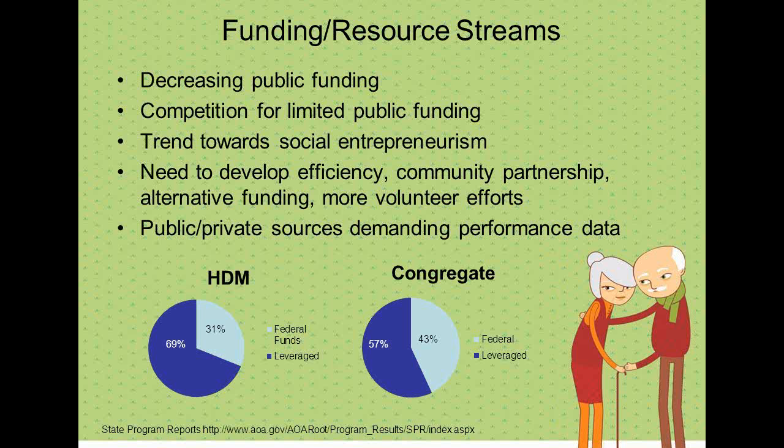You are providing a match, and the leverage would also include the client contributions and any other contributions that you have received. Likewise for the congregate meal, 43% has been provided with federal dollars, and 57% of that is your other funds that have been contributed.